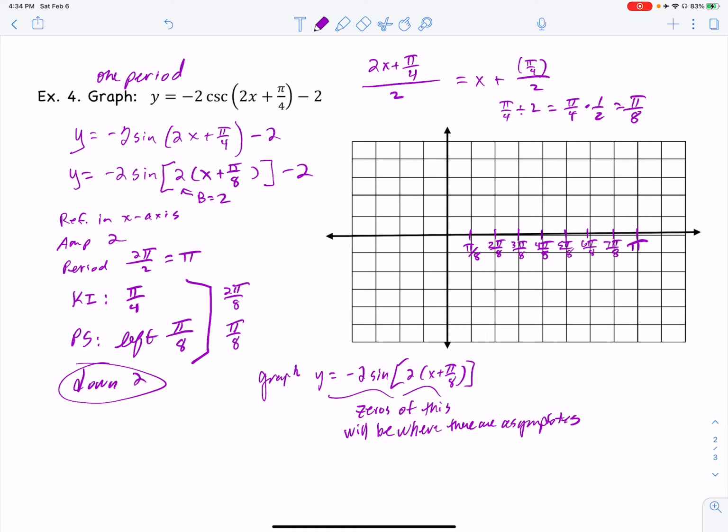And so I'm going to think, okay, if I had sine, but it's -2 sine.